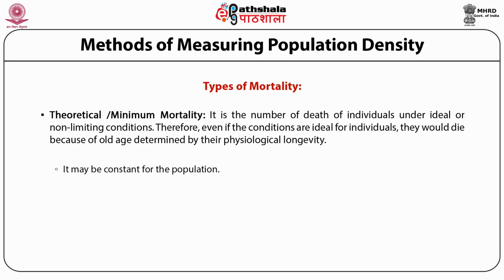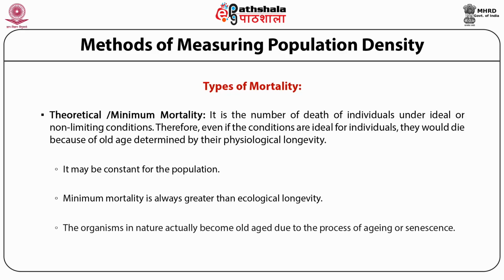It may be constant for the population. Minimum mortality is always greater than ecological longevity. The organisms in nature actually become old due to the process of aging or senescence.